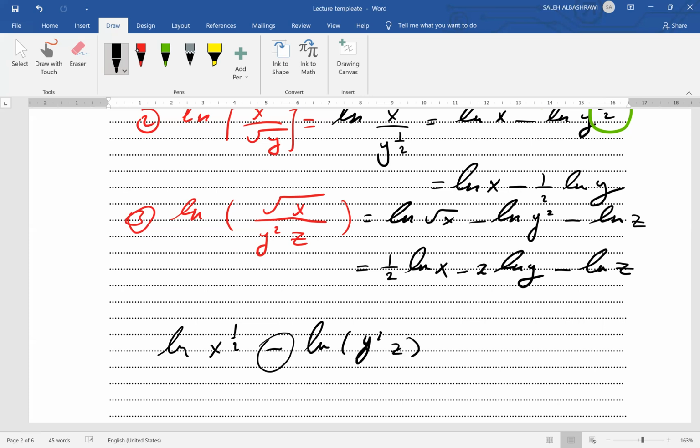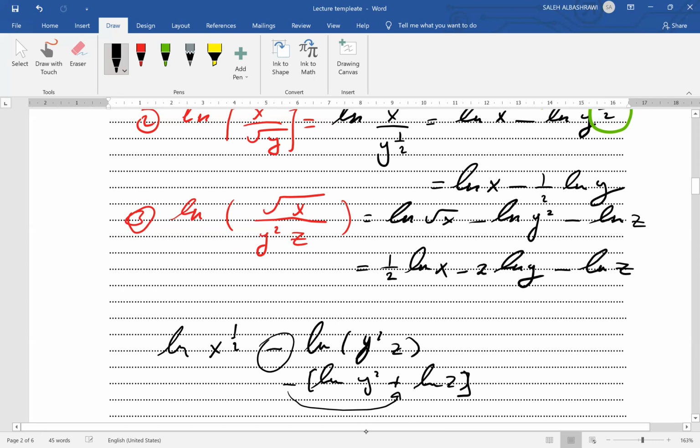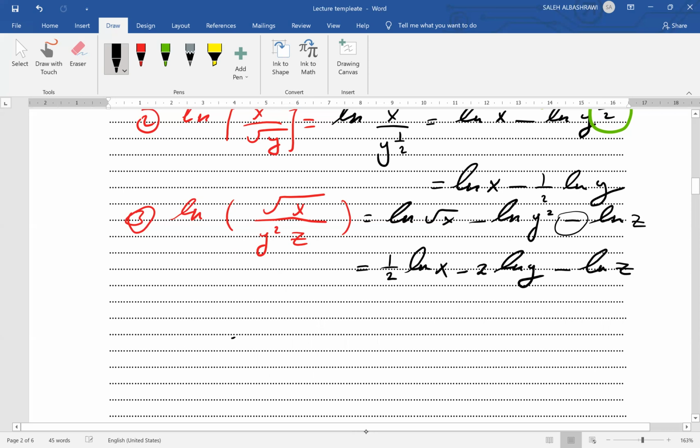Because of this, if we expand the second one, I will have ln of y squared plus ln z. But this minus outside, if I multiply by positive, I will have this negative sign. So you can say in general, if you have any quantity in the denominator and you want to expand it, write it with the negative sign. It is minus ln or minus log of that quantity. Number 4.